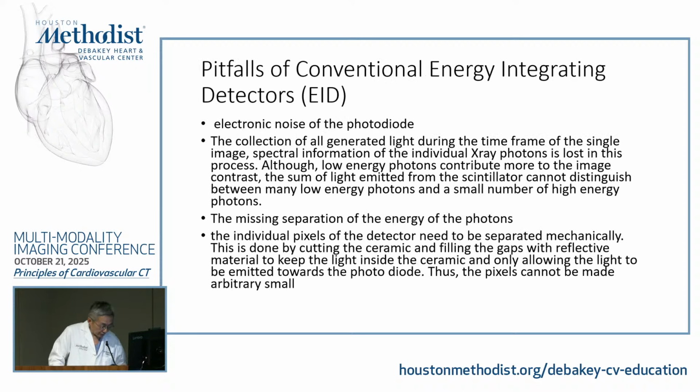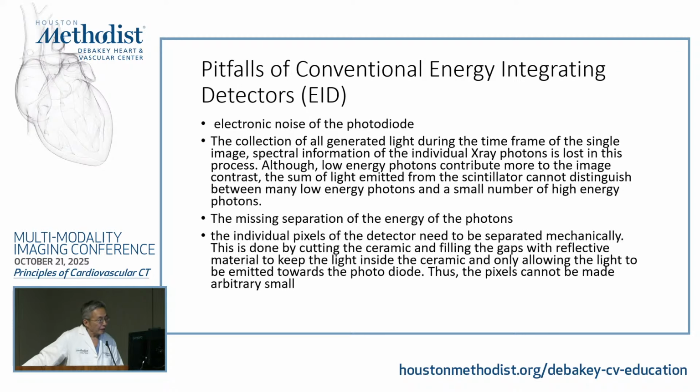All right, for the last 10 minutes, we're going to talk about the fact that all these scanners we mentioned have what we call energy integrating detectors. What that means is that the signal is a mishmash of photons with different energy.